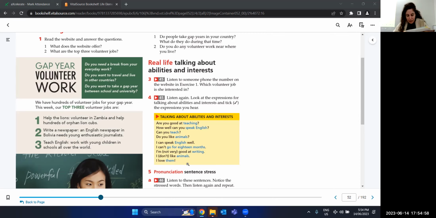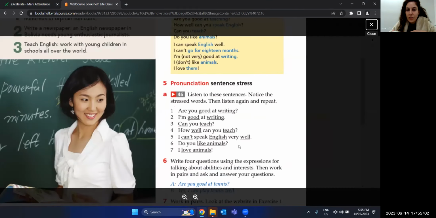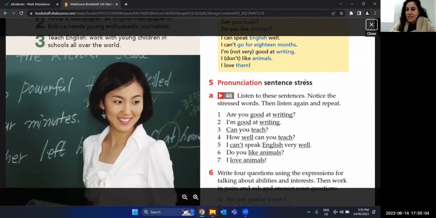Okay, so now we're going to look at something we call sentence stress. Stress is when we push our voice for certain words or at a certain time when we speak. We do that because it's important to push that word.